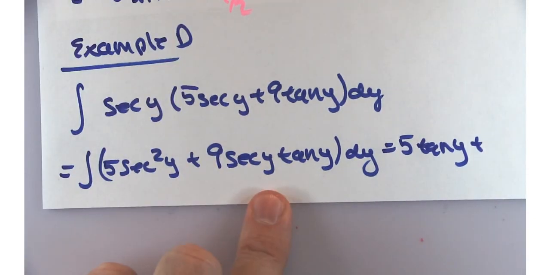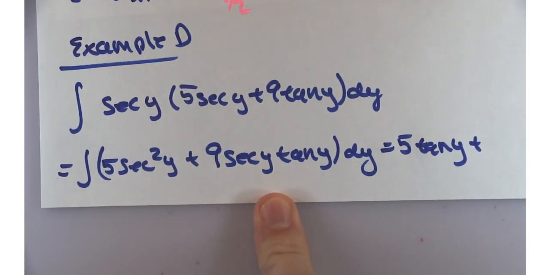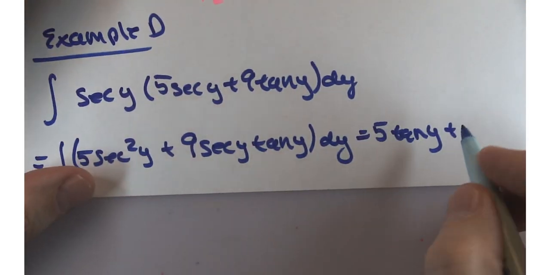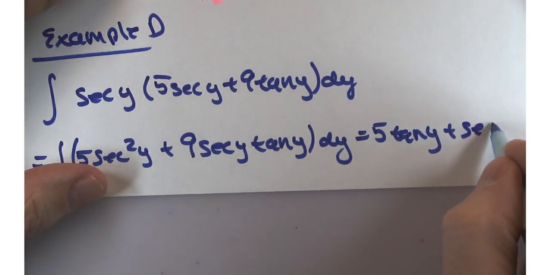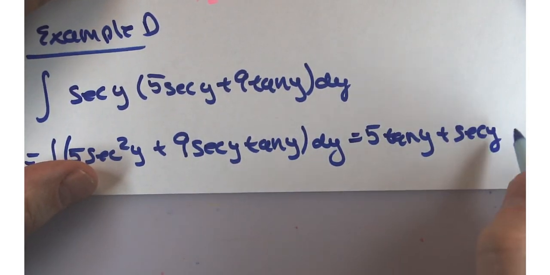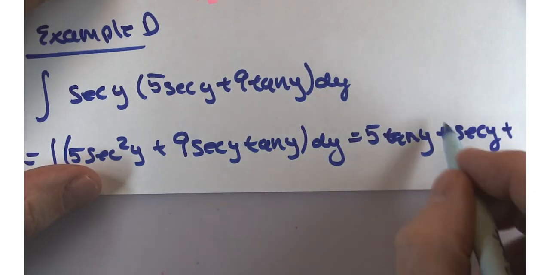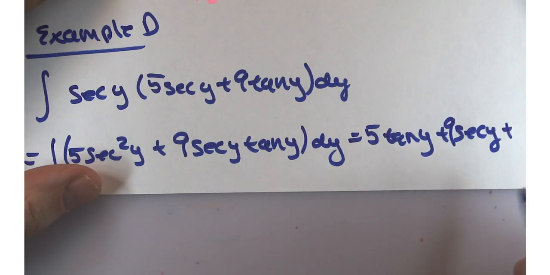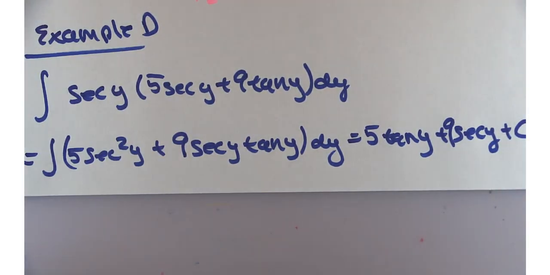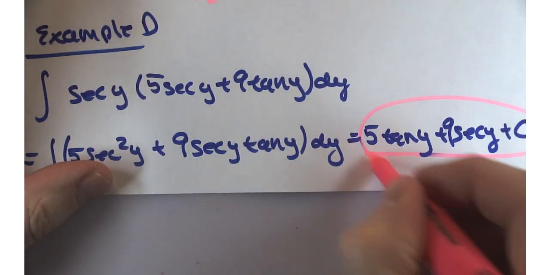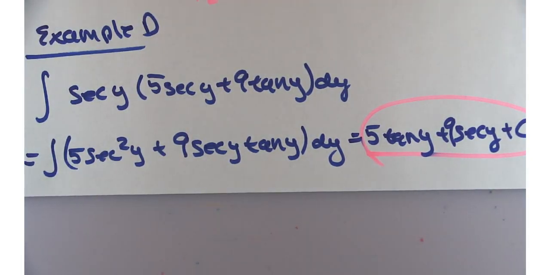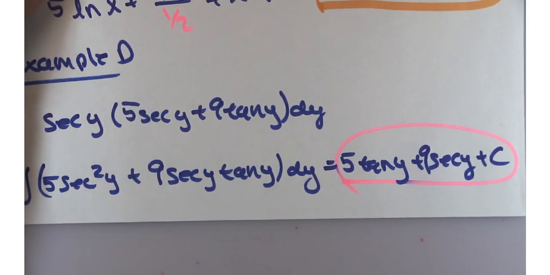How about secant tangent? What do I differentiate to get that? Just secant. And then what else do I need to finish this up? Let's not forget the 9 there. Plus c. And there we go. That's it. All set with that one.